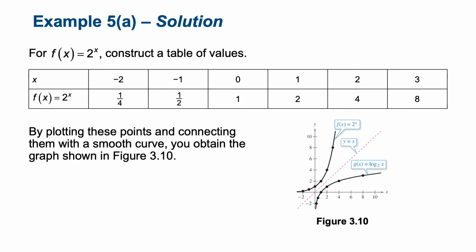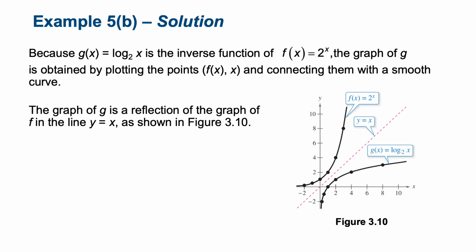Log base 2 of 1 is 0. Log base 2 of 2 is 1. So they're inverse functions, we could graph them by just flipping the x and y values, and notice again that there is symmetry.